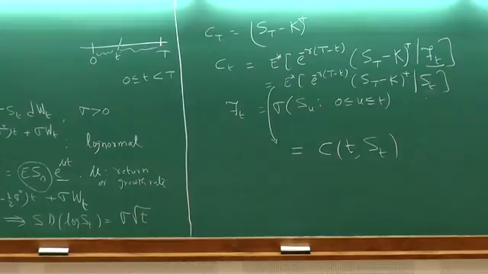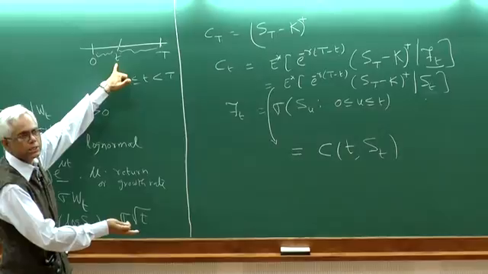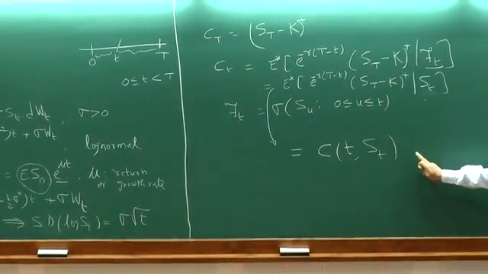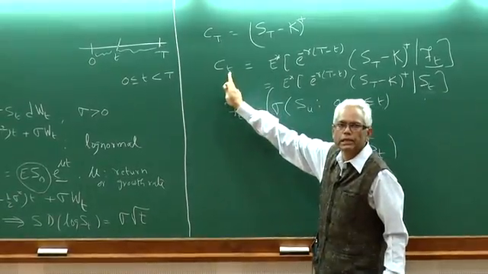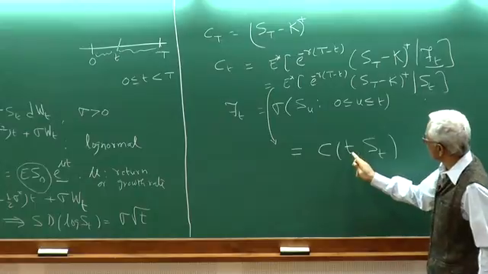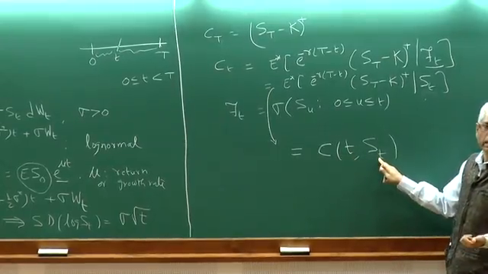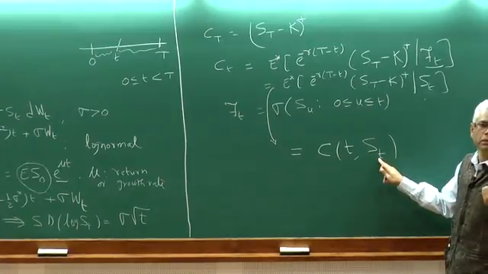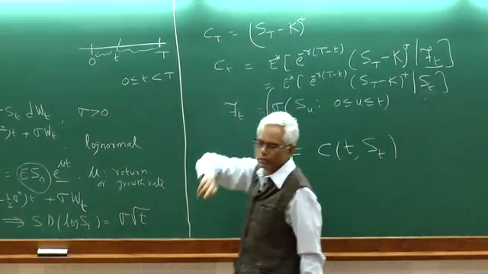What we are varying is t, and hence S_t. So by this expression, it's clear that the option price at little t depends on little t and the current stock price. This is happening because of the Markovian nature and the nature of the call.